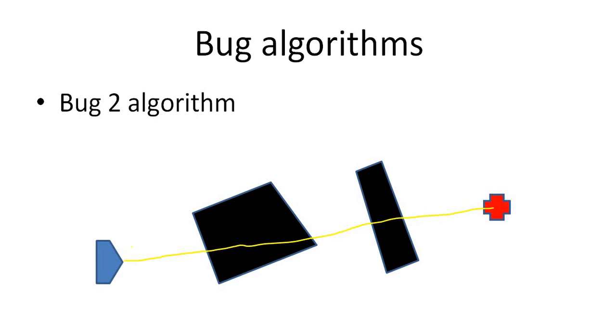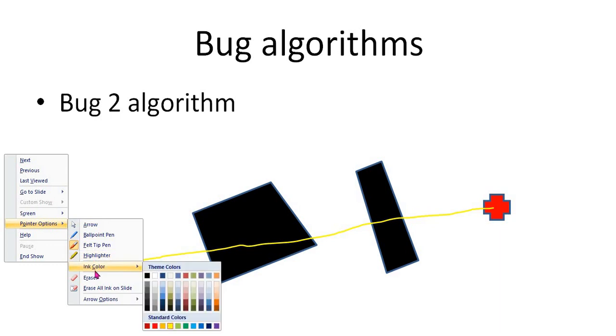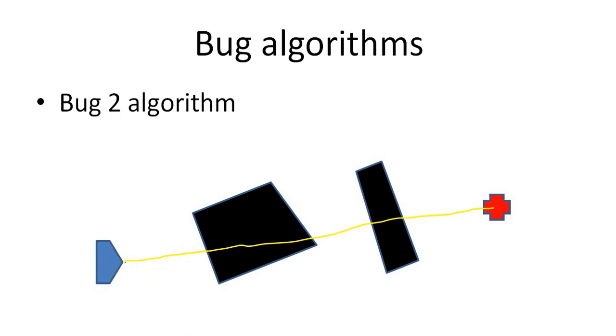So this is our imaginary line, and then after that the robot starts moving directly toward the target. As soon as it detects an obstacle, it takes a left turn and starts following the obstacle.